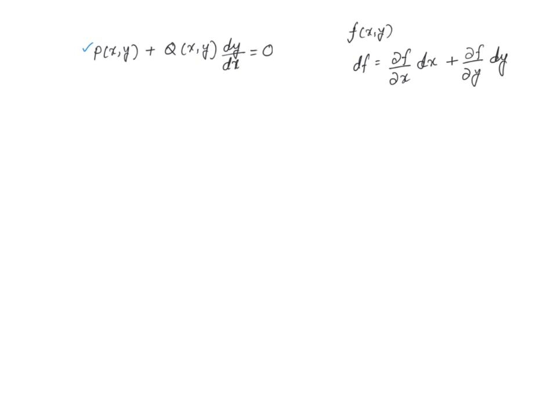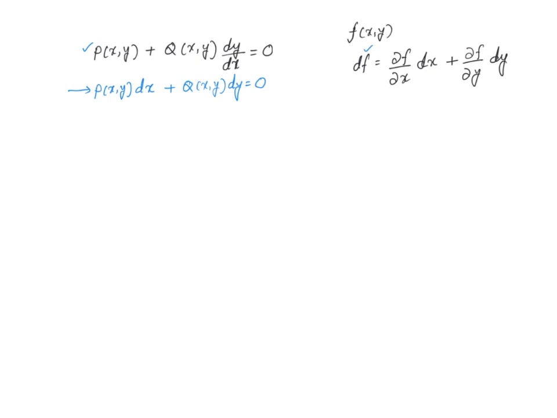I could rewrite this equation as P of x comma y times dx plus Q of x comma y times dy is equal to 0. Now, if you keep looking at this equation, you realize that this looks awfully like the total differential of a function.